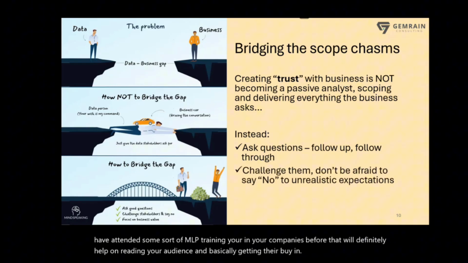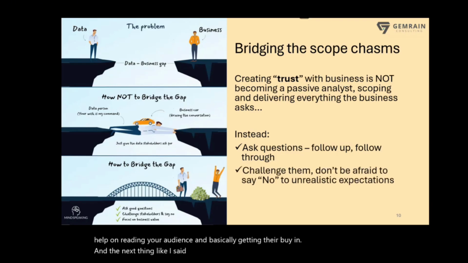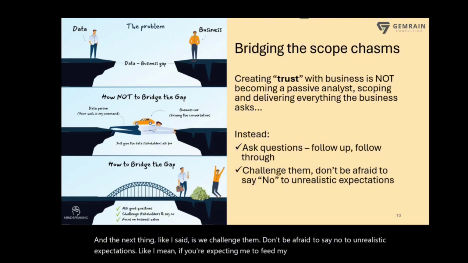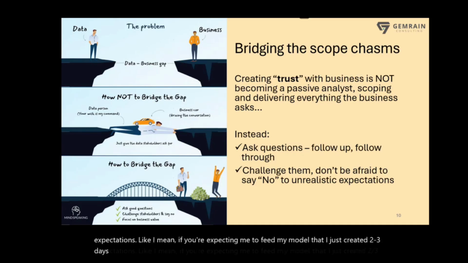And the next thing, like I said, is to challenge them. Don't be afraid to say no to unrealistic expectations. Like, if you're expecting me to feed the model that I just created 2-3 days or 2-3 weeks or even 2-3 months ago into an AI model just because you heard about this new capacity that we have right now.